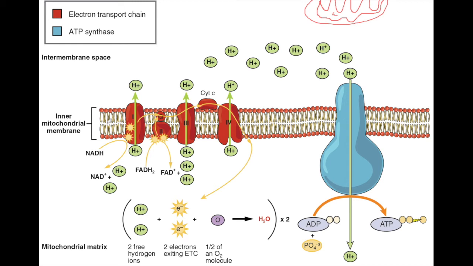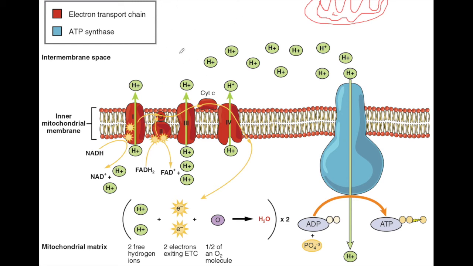Some of this energy is used to move protons from the matrix of the mitochondria. Here we've got protons, you see? From the matrix into the intermembrane space, the space between the inner and the outer membranes of the mitochondrial envelope. These produce a higher concentration of protons in the intermembrane space than in the matrix, setting up a concentration gradient.